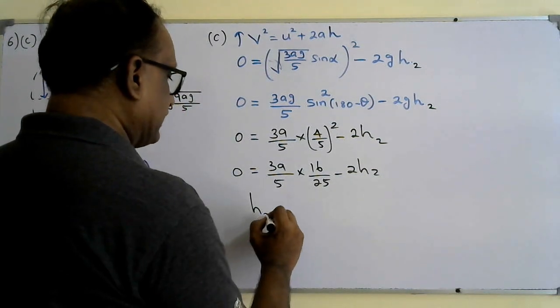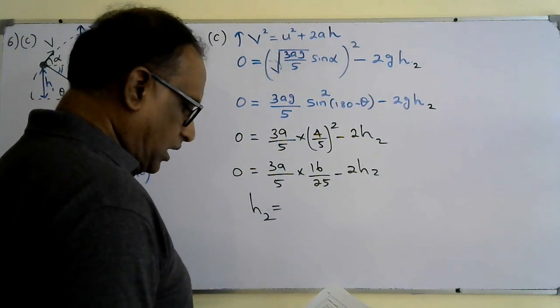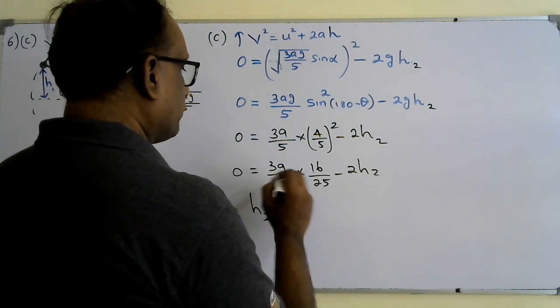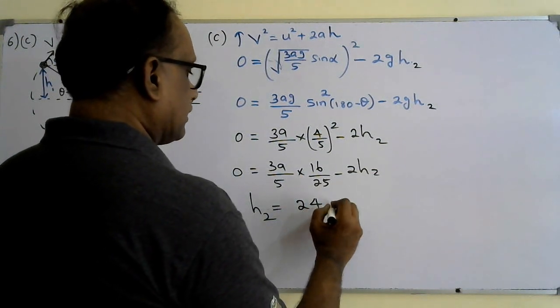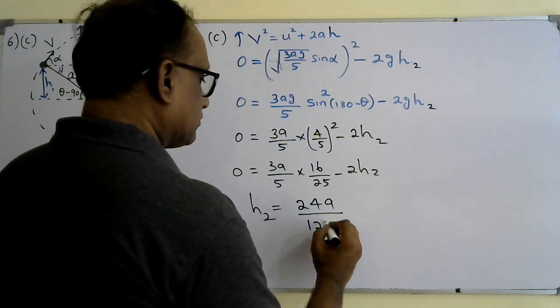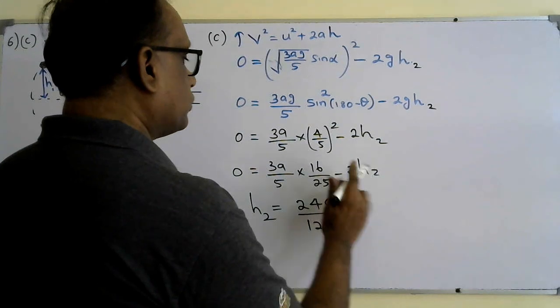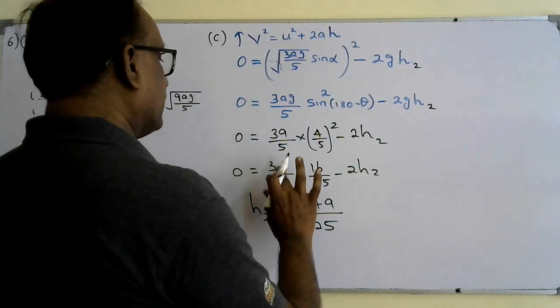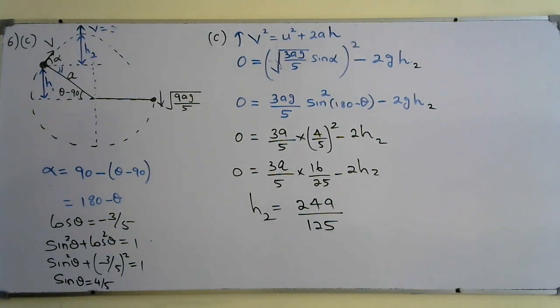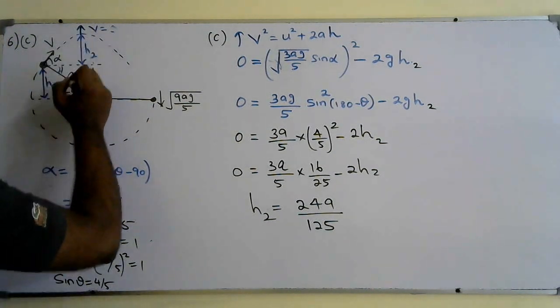Solve it, you will get h2 equal to 24a over 125.